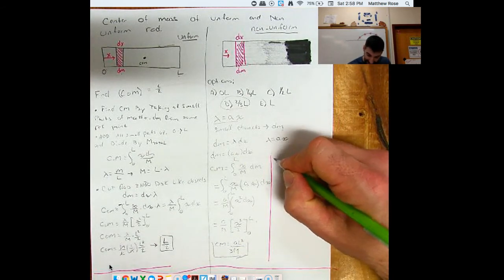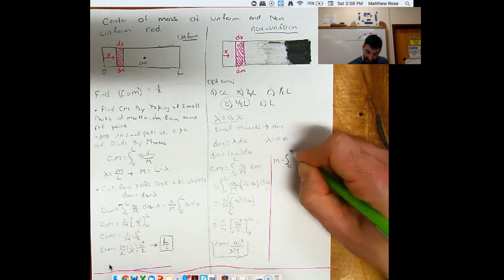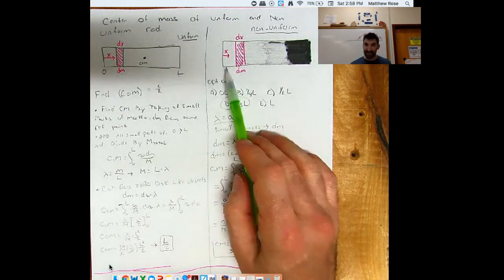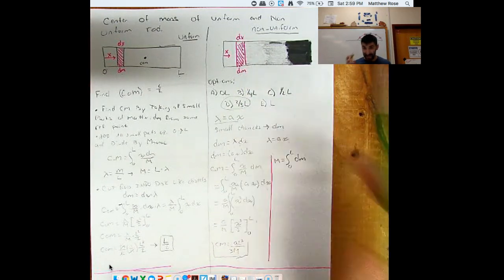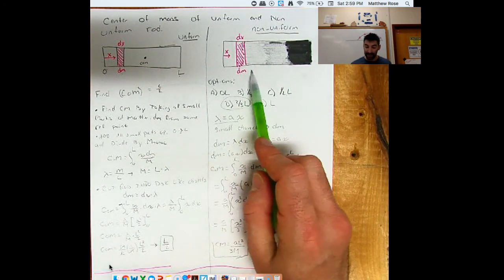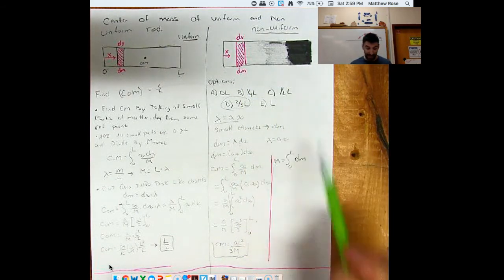I'm going to say m is equal to the antiderivative from 0 to L of dm, right? Because as my small dx moves down, every dm is different. So the mass, if I sum up all of those dm's, I get my total mass.